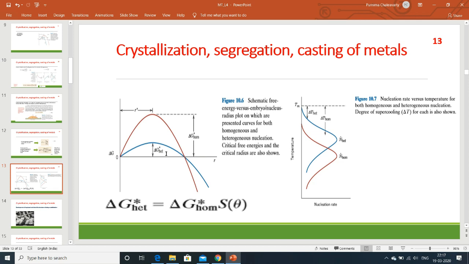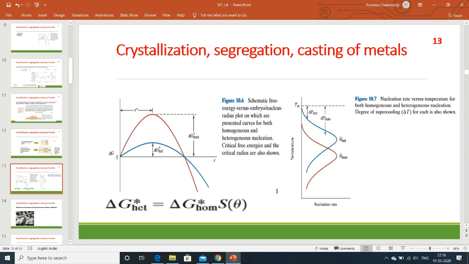That's the reason it was said in the first slide that heterogeneous nucleation is more likely to occur because it requires less energy, but homogeneous nucleation is less likely to occur because it requires a lot of energy to overcome the criterion of critical radius.